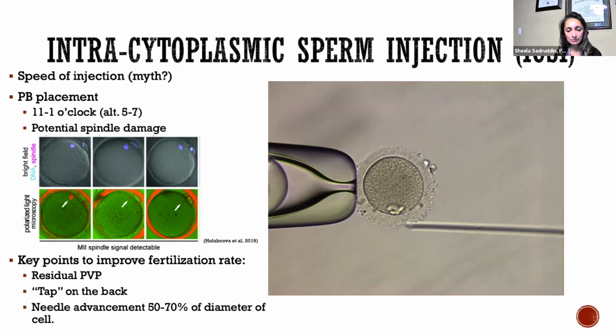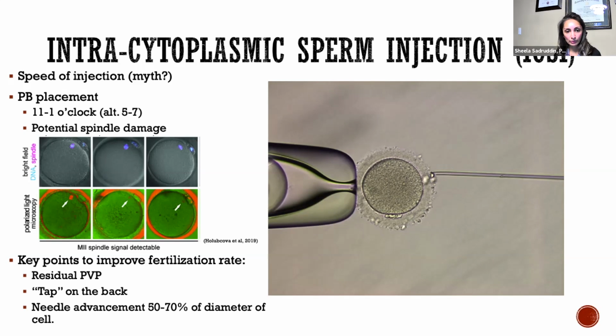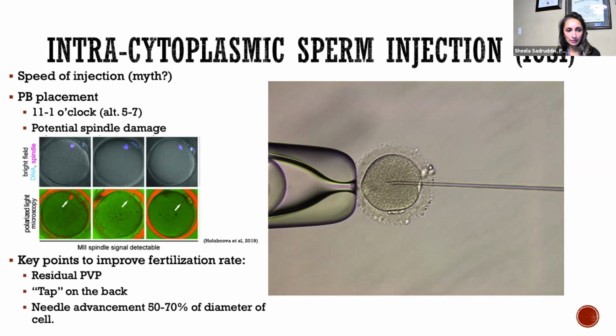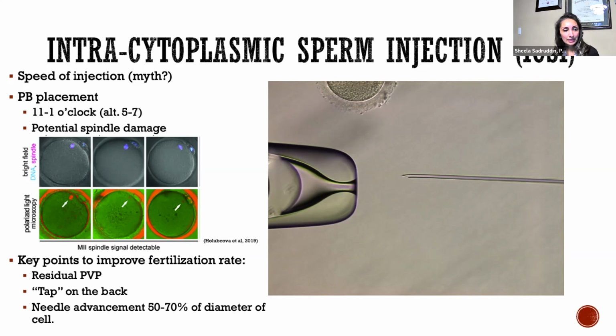And then once the sperm is deposited into the cytoplasm, placing your needle right under the sperm head and pushing it up against the cytoplasm to make sure the membranes are meeting is again something that we practice, because we notice that it certainly helps with the fertilization rate, making sure there isn't a pocket of fluid that the sperm swims around in, but that it's connected to and touching the cytoplasm of the cell.